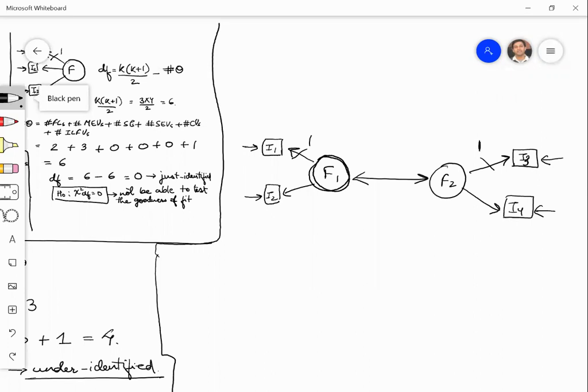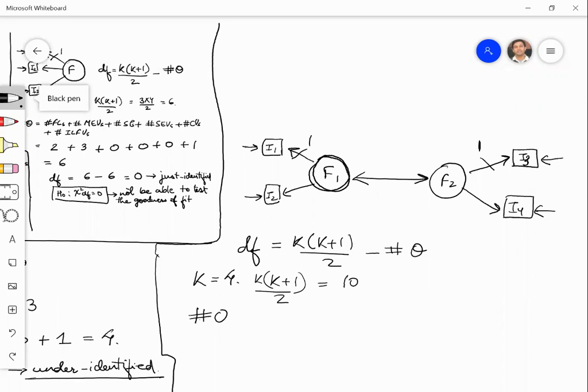Everybody compute the degree of freedom of this model now. So what will it be? K plus 1 by 2 minus hash theta. What is K now? K is 4. So K plus 1 by 2 is equal to 10, right?